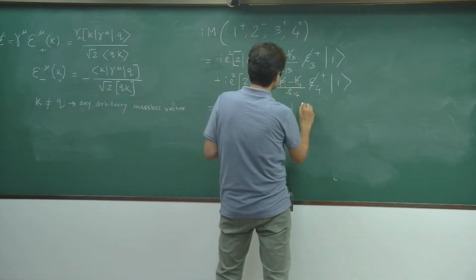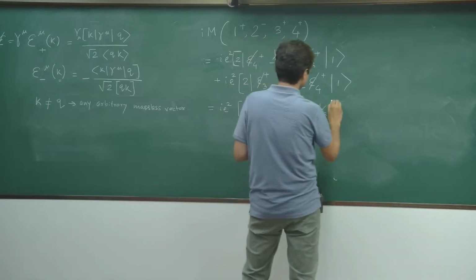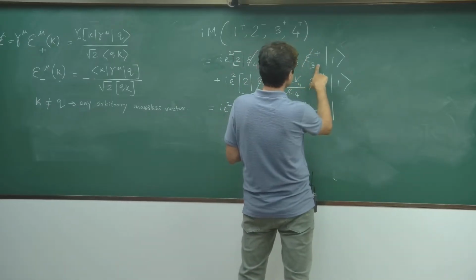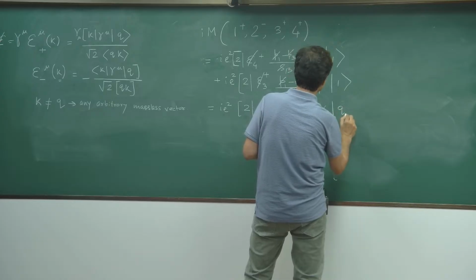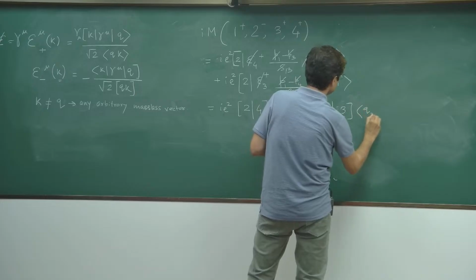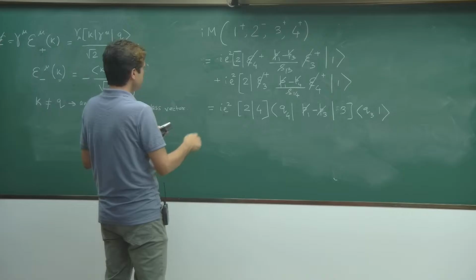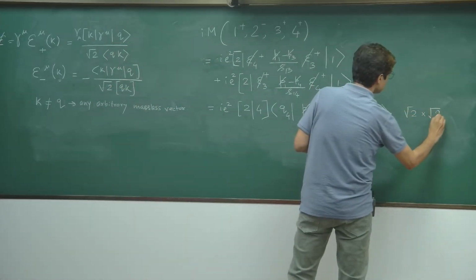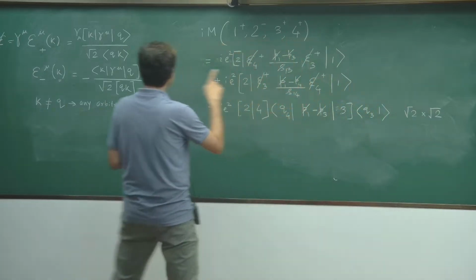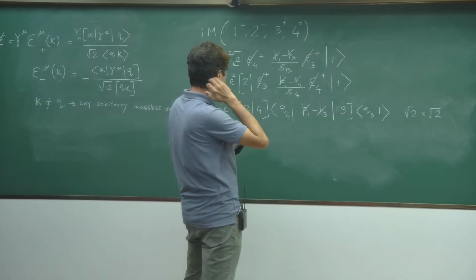And then p1 slash minus p3 slash, and then q3 1, because the other contribution will be 0, and I have a √2 times √2 factor, because in Fierz identity there was 2 and here 1 over √2, so I will get √2 times √2. Okay, this is from the first diagram.